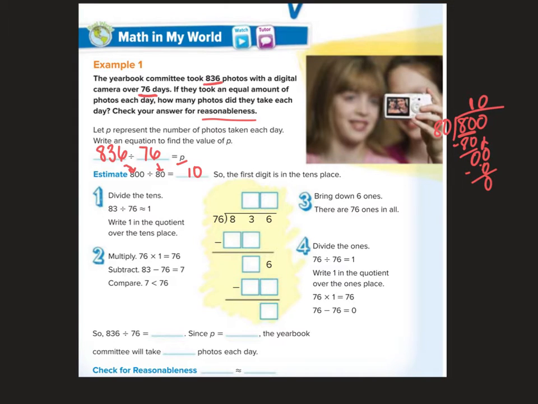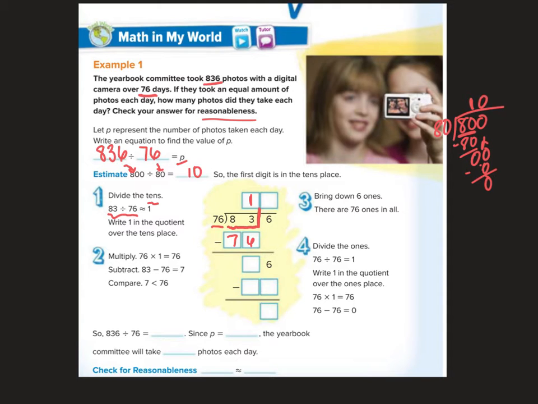So what I'm going to do is first divide the tens. 83 divided by 76. My first digit in the quotient is going to go above the 3. So I know that 76 can go into 83, and 76 times 1 is 76.